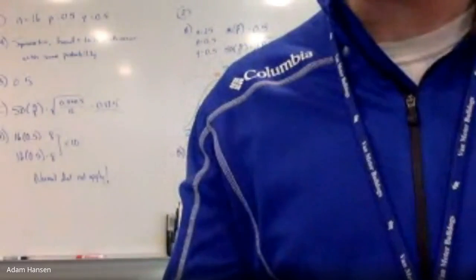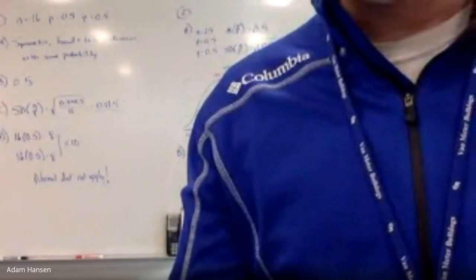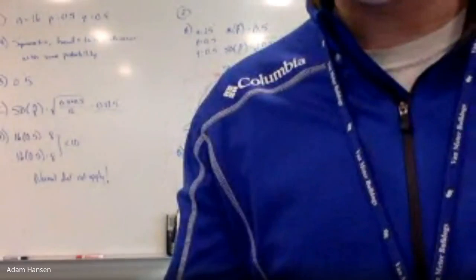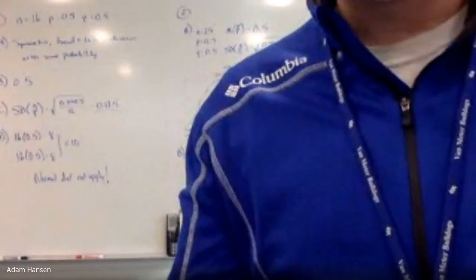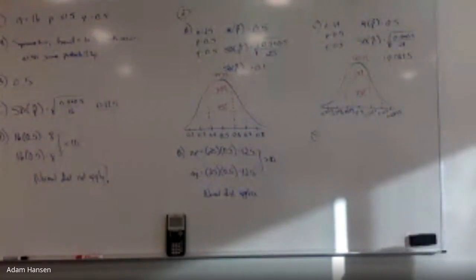I've got these two graphs up on Desmos. Share the screen here. The red model was flipping a coin 25 times. The blue normal curve is flipping it 64 times. What do you notice between those two graphs? They're different.